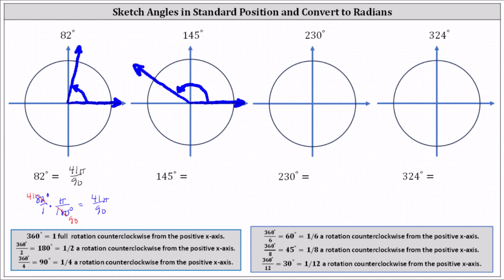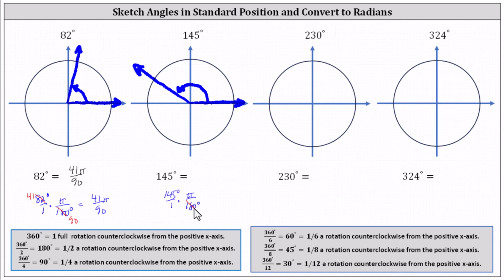And now let's convert 145 degrees to radians. Write 145 degrees as a fraction with the denominator of 1, multiplied by pi divided by 180 degrees. The degrees simplify out. The greatest common factor of 145 and 180 is 5.